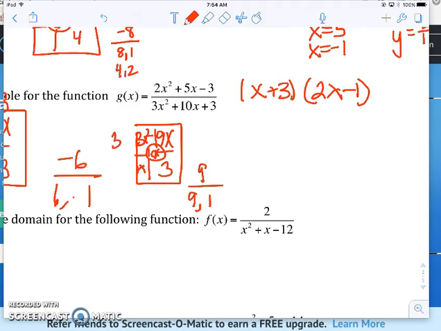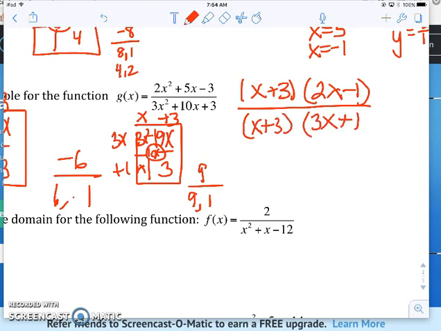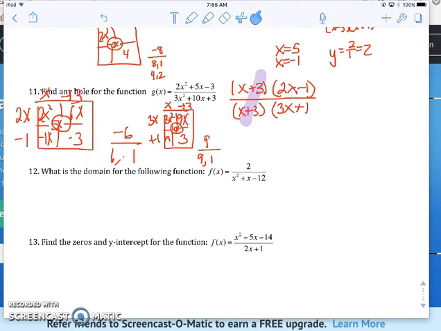So this would be 3x times x plus 3, plus 1. So it factors into x plus 3, 3x plus 1. So this factor reduces out, so that's our hole. So our hole would be at x equals negative 3.